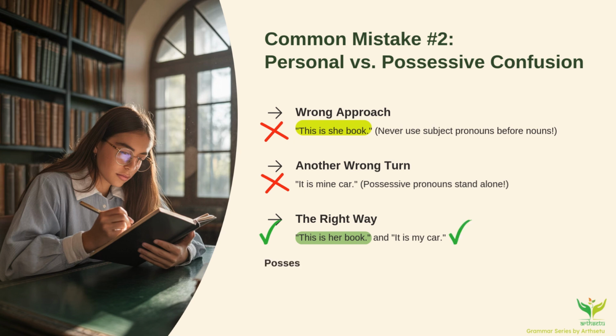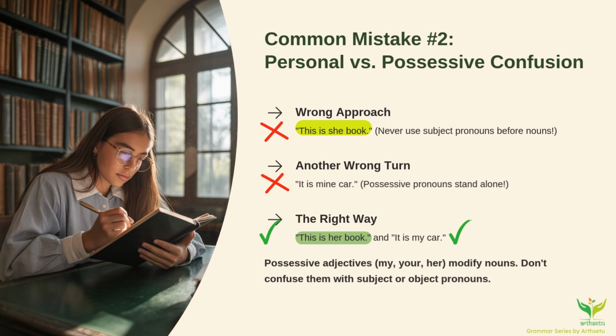Here's the rule. Possessive adjectives like my, her, their always come before a noun. Possessive pronouns like mine, hers, theirs stand alone, without a noun after them. So remember, her book. The book is hers, but never she book.